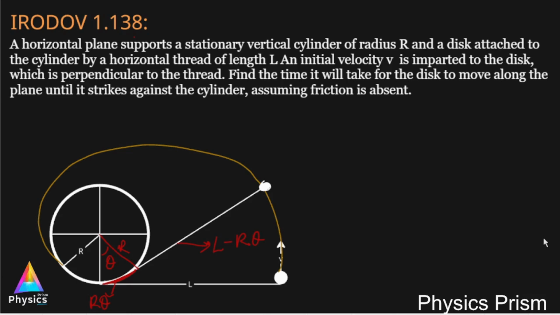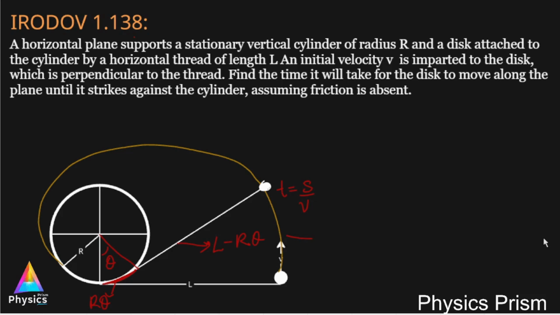Now let's talk about some really interesting facts. To find the time, we know the formula that t is nothing but distance divided by velocity, because velocity is distance divided by time.